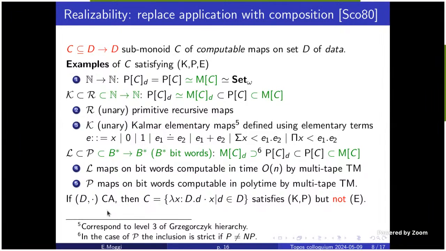But for example, if you consider combinatorial algebras or models of the lambda calculus, then any combinatorial algebra induces a monoid that satisfies two of these three properties. But even if you don't have this equality testing, if you have a monoid induced by a combinatorial algebra, you have enough to get much more than the extensive category.